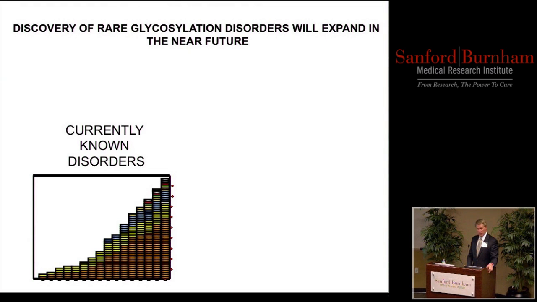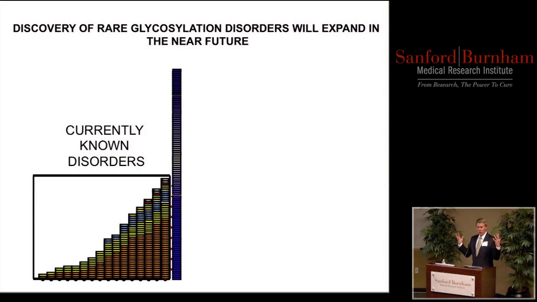So these are the currently known disorders, but given the kinds of things you've heard today, the exploration, the quantum leaps that are being done right now, I think this is what it's going to look like in the next few years. I think we're going to find a boon of discoveries of rare diseases. It's just going to explode.